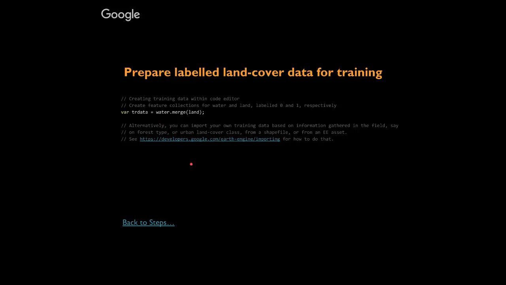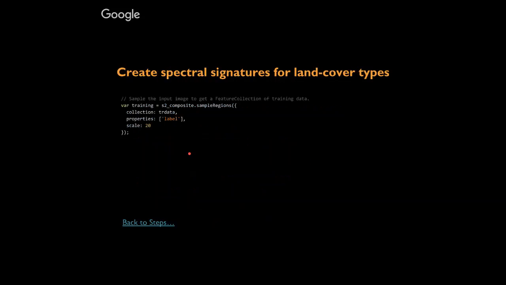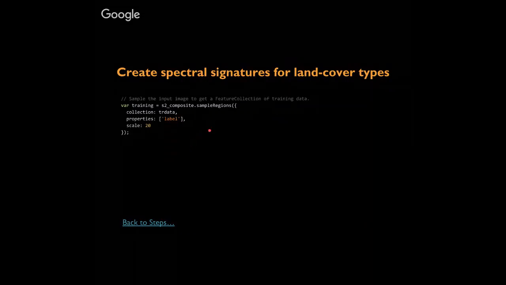Alternatively, if you have collected data in the field, or if you're going to do this on your own using the composite that you have just displayed, you are able to do that either importing an Earth Engine asset or from a shapefile, and there are ways in which you can do that, to which I have put a link as well. And then we take these labeled data points and create a signature for each of the classes that it represents using the composite image.